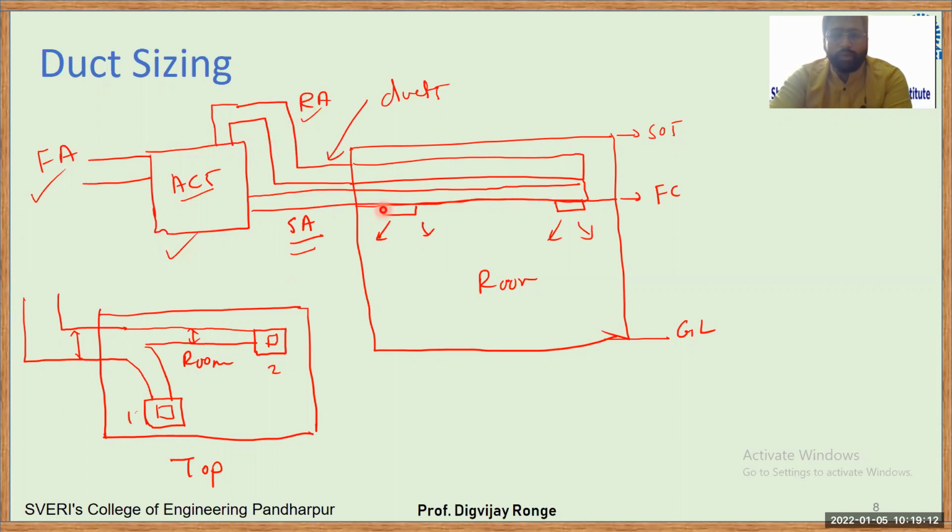At the end of ducts we have air terminal devices, like grills, registers, or diffusers. So we have here a supply air diffuser through which the air will come into the room. Again, this air will circulate, carry the heat, and return back to the AHU through return air ducts, right? So that is about duct sizing.